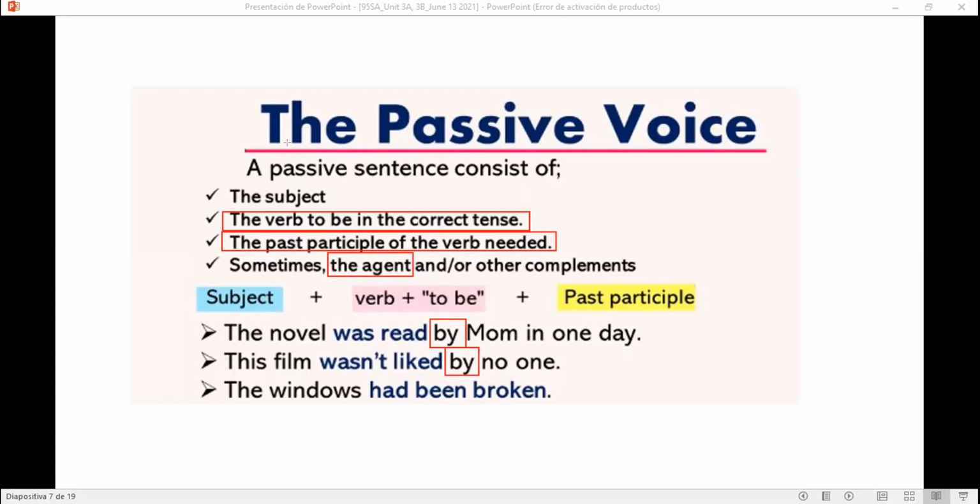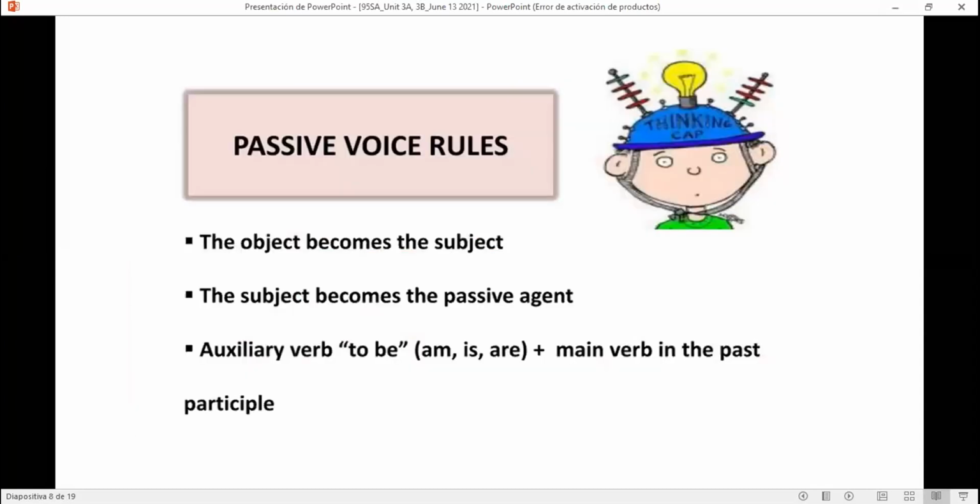O es leída, podría ser is read. Okay, so these are like the main characteristics of this passive voice. Ahora, miren, justo es lo que ustedes me decían. Una de las reglas o lo que cambia la voz pasiva es que lo que antes era el objeto en la voz activa se transforma y se convierte ahora en el sujeto.